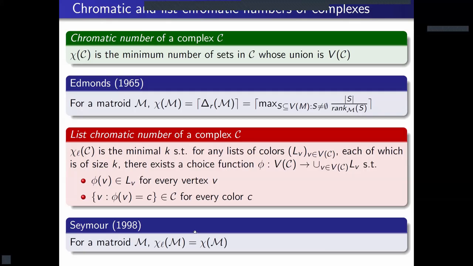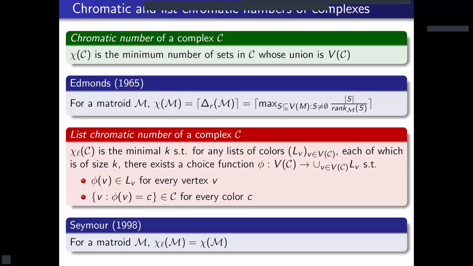Yeah. If we're thinking of the complex as coming from a hypergraph, is this sort of like the opposite of regular chromatic number? Because here it looks like you cover the vertex set by the edges of C, where the sets in C are seen as edges.